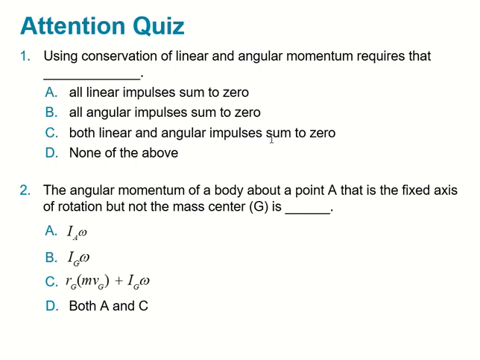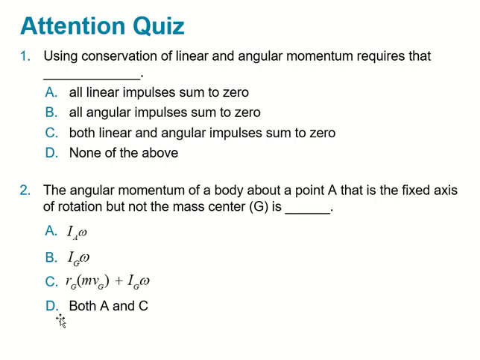Both linear and angular impulses have to sum up to 0 for the conservation of the initial and final situation to happen for both linear and angular momentum. And the next one is the angular momentum of a body about a point A going around a fixed axis of rotation, but not the mass center G. So when you look at it, dealing with the angular momentum, there are two different places here.